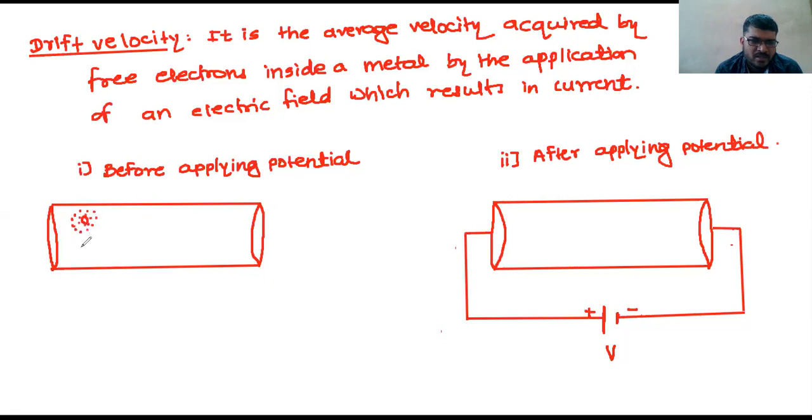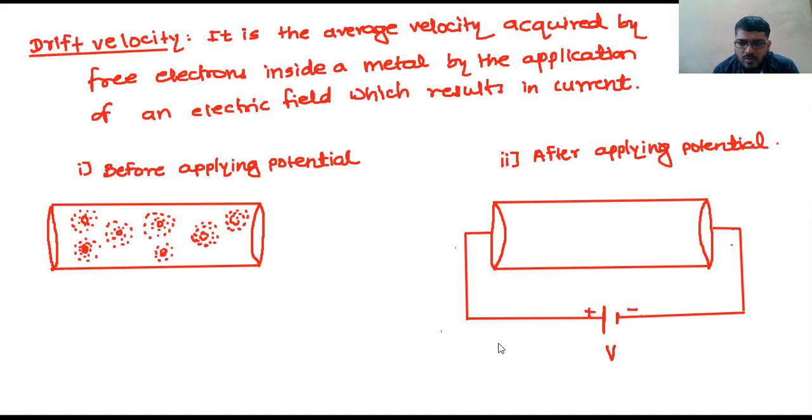These are all atoms, and these small ones are the electrons. I am drawing very few so that you will understand, but like that, so many are there.